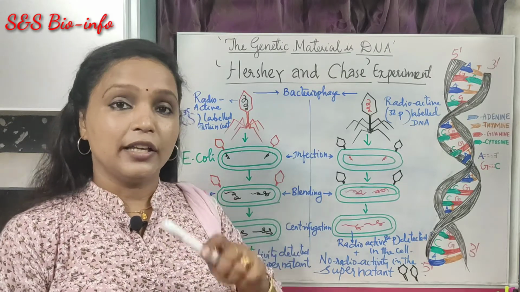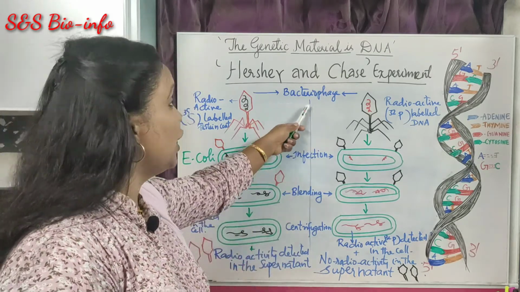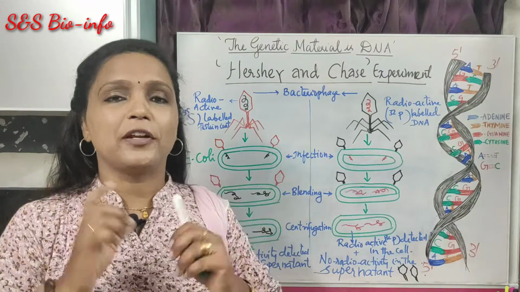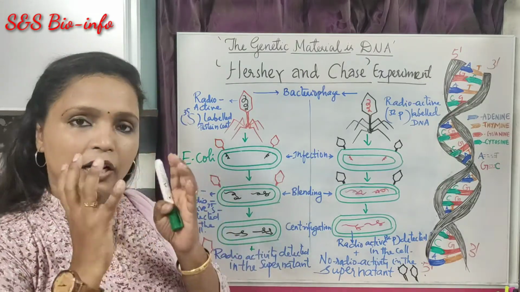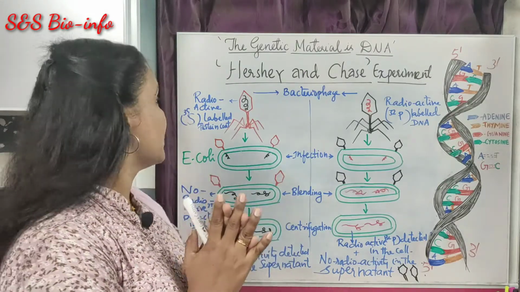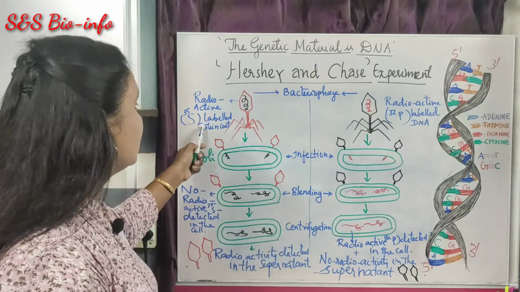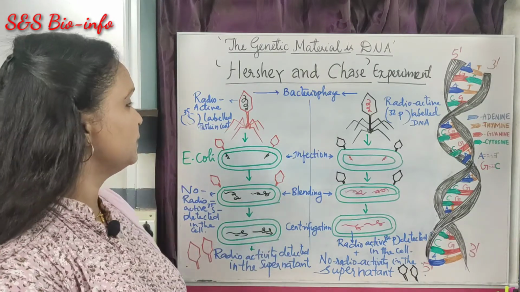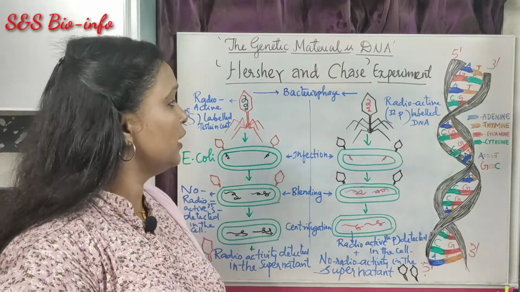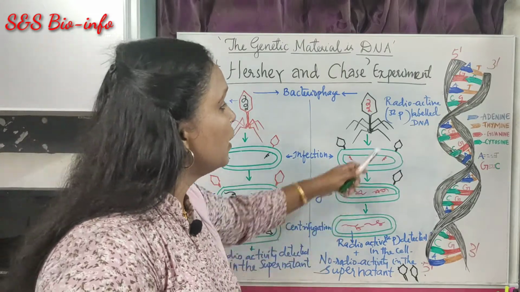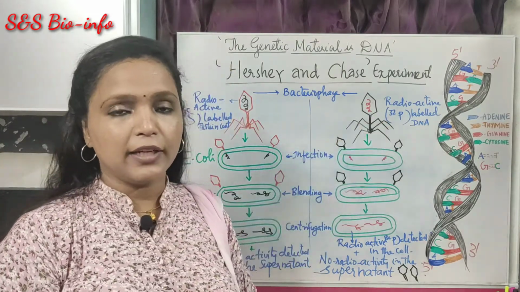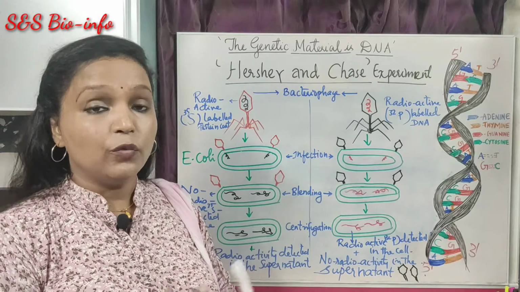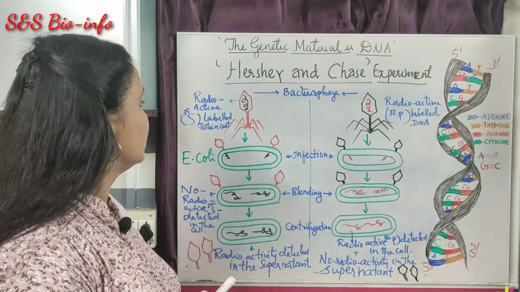First of all, they grew the bacteriophages in 2 different media. A group of bacteriophages in the radioactive sulfur medium and another colony grew in the radioactive phosphorus medium. And what was the result?